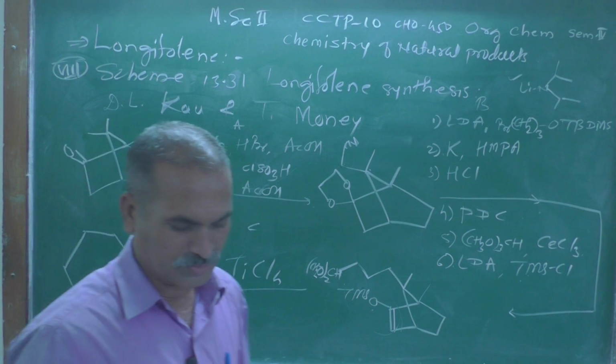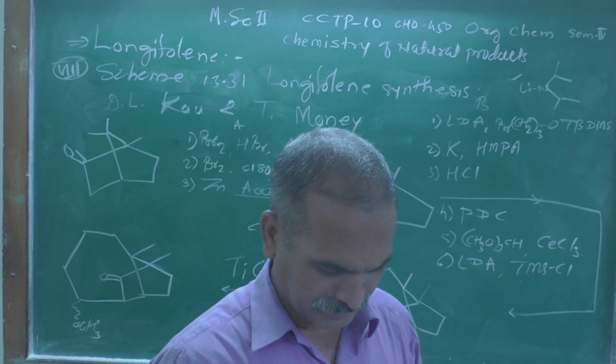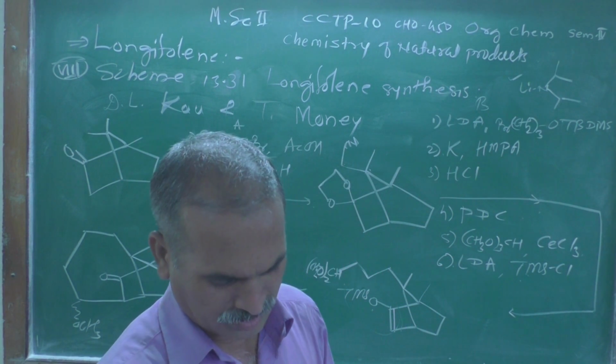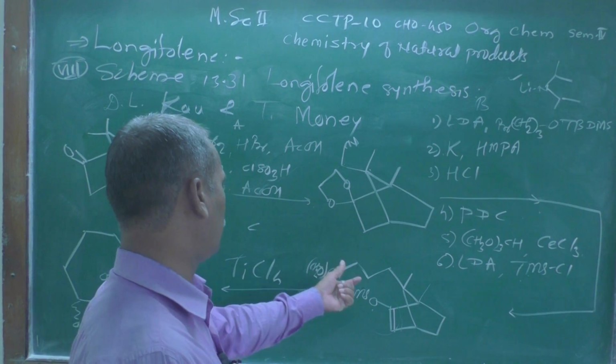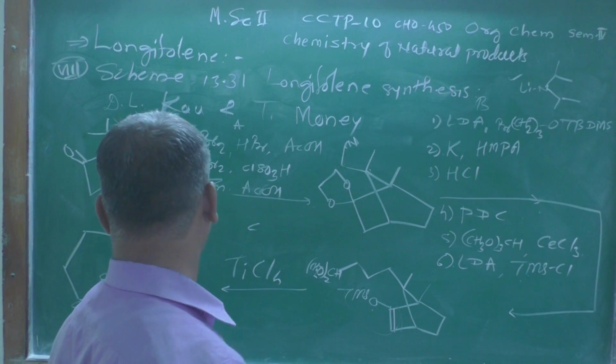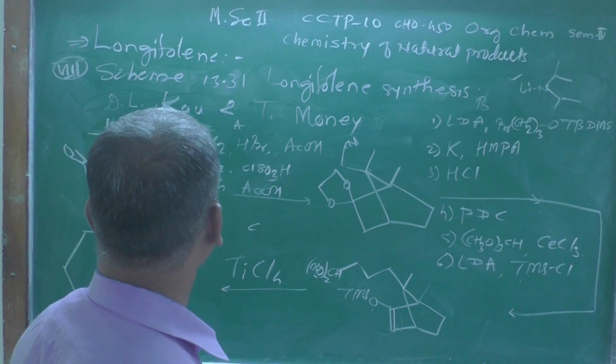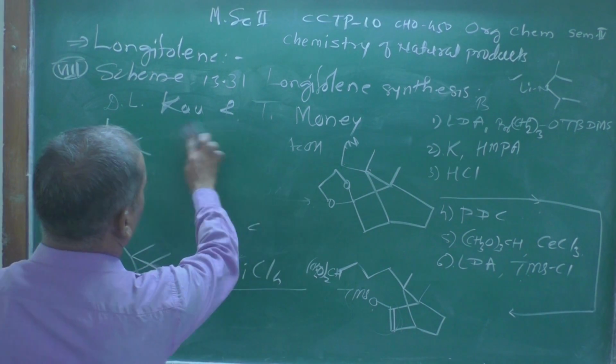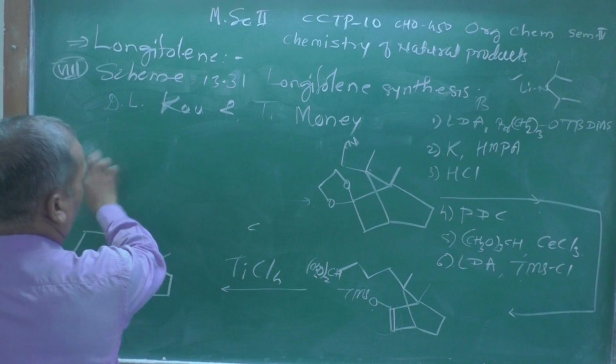That is the compound we obtain after adding TiCl4 on this. Suitably we are getting the formation of the tricyclic ring.